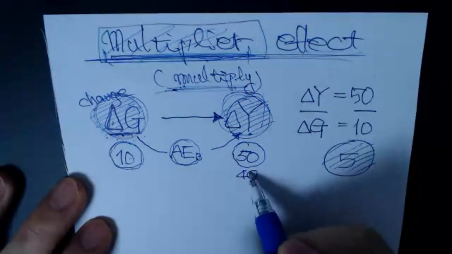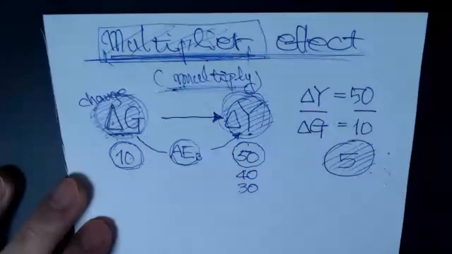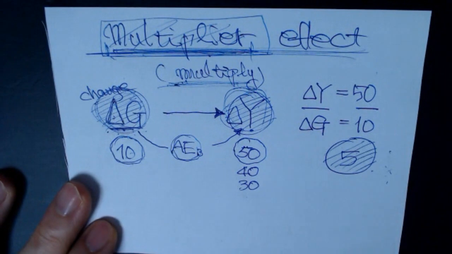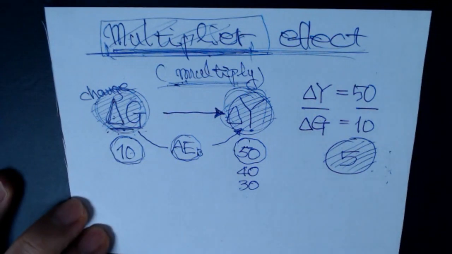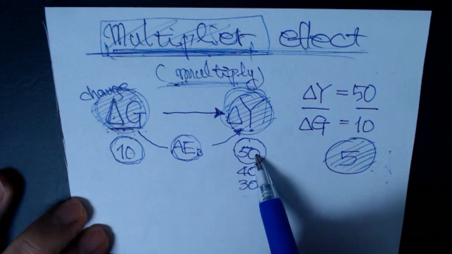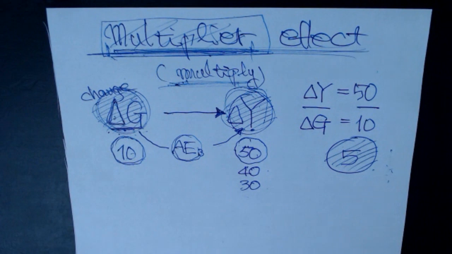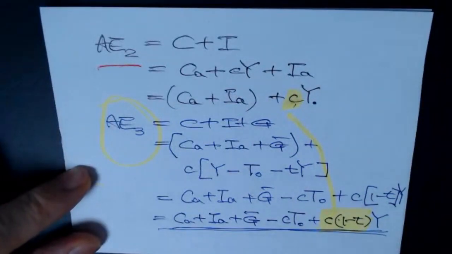If output increases by only 40, then 30, the multiplier becomes smaller and smaller. Right? And we are wondering why sometimes it's 50, 40, and 30. I can explain using the equilibrium condition.